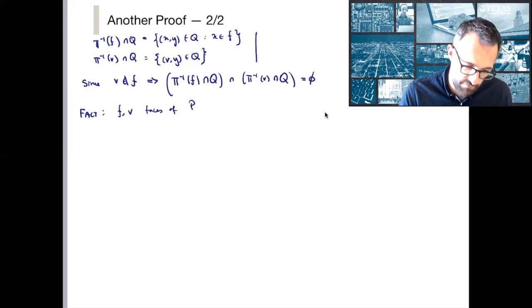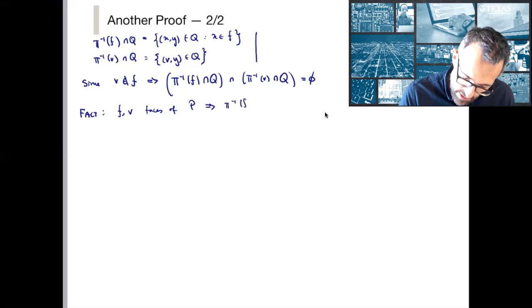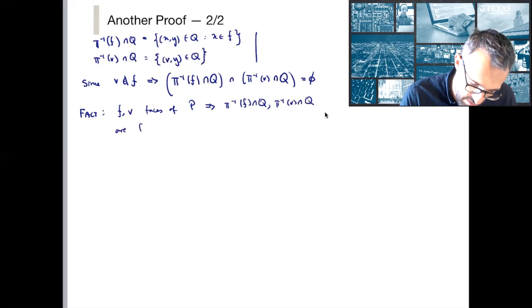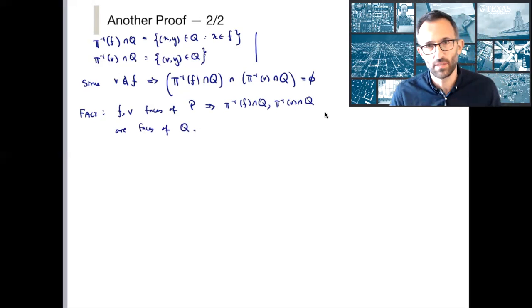Faces of P imply that π inverse of f in Q and π inverse of v in Q are faces of Q. And I'll leave this as an exercise to you. I recommend just tackling it directly.